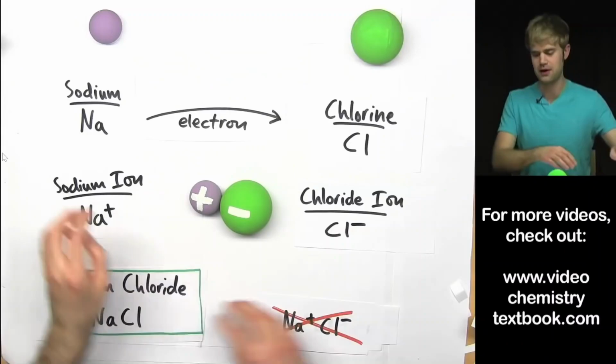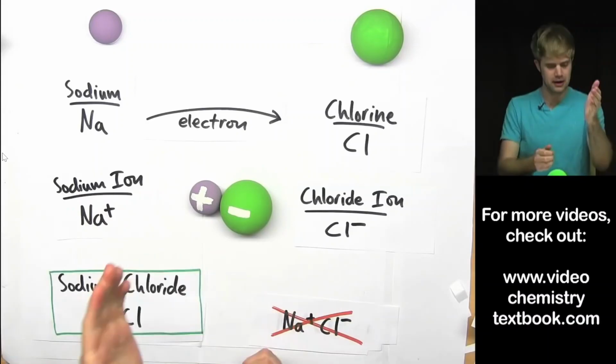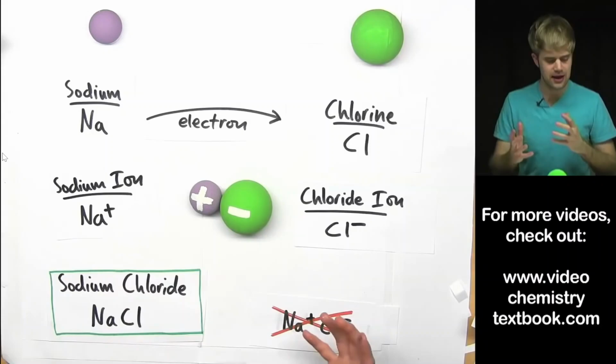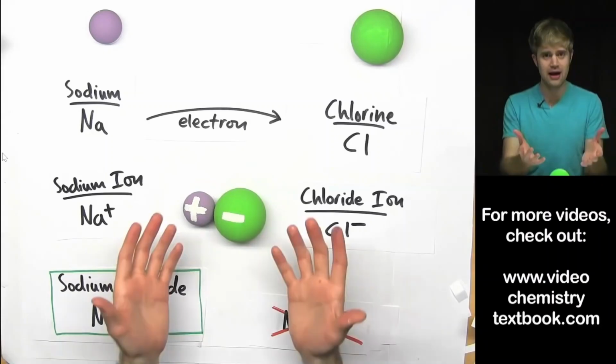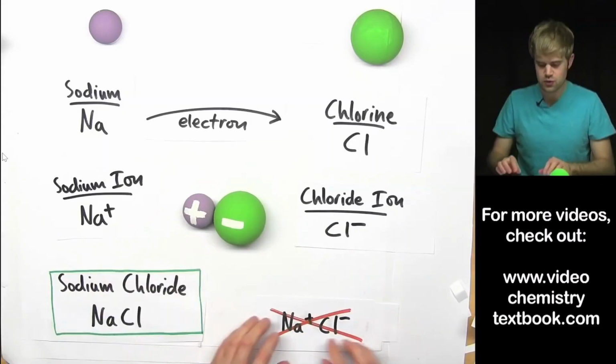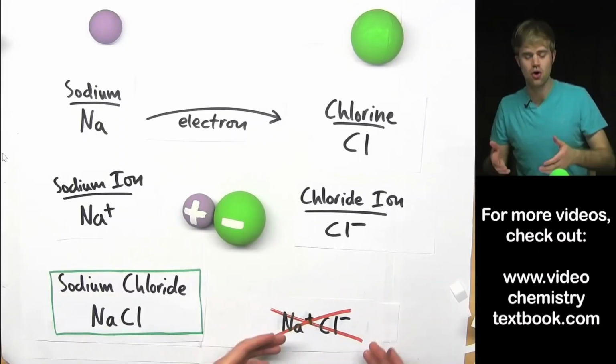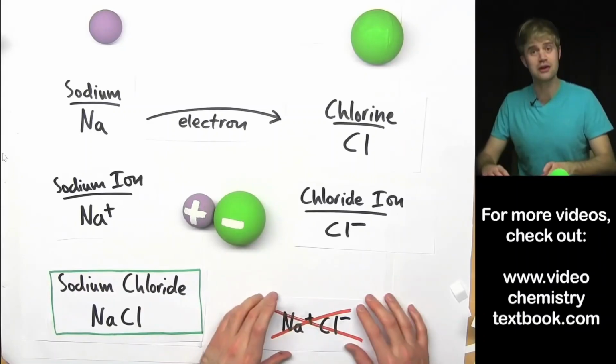But when the two of them come together, the positive and the negative charge cancel out. So it's like the whole thing combined doesn't really have any charge anymore. That's why we don't put the plus and the minus when we're writing the chemical formula. It's just NaCl. We leave out the plus and we leave out the minus.